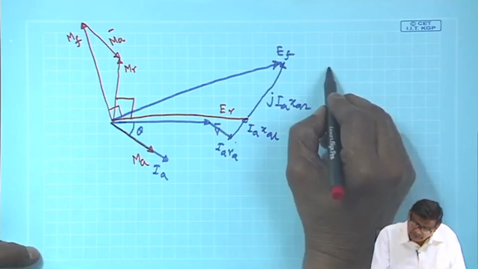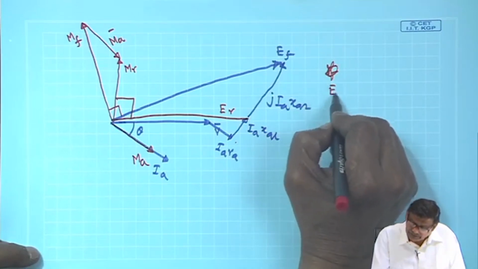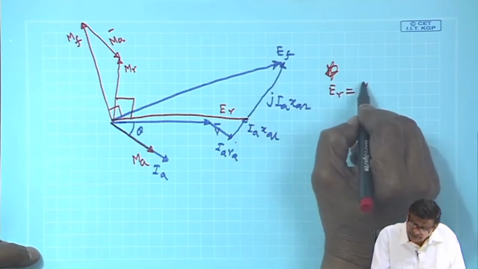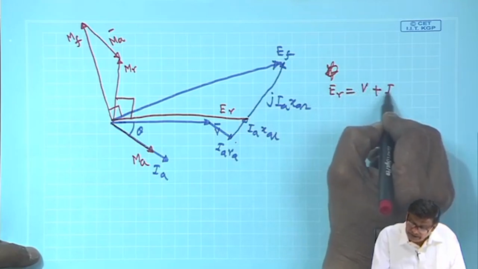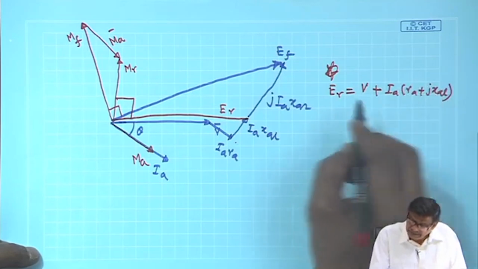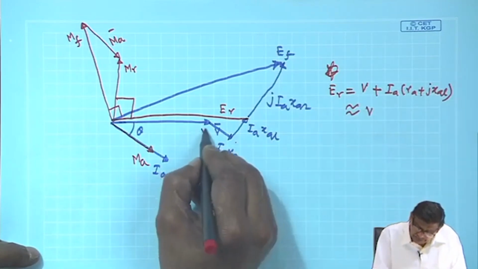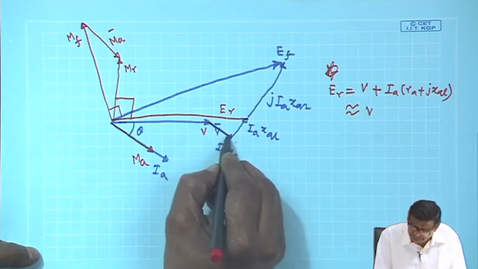In fact, since you note that ER is equal to V plus IA RA plus jXL, this will be very closely equal to the terminal voltage itself, because these drops are small.